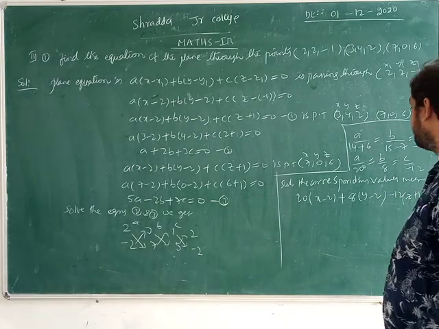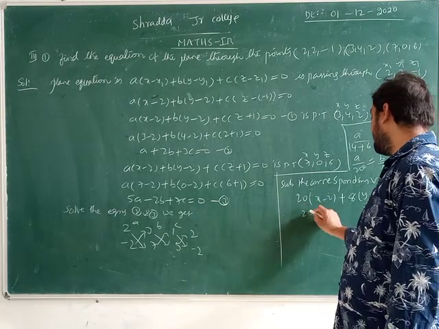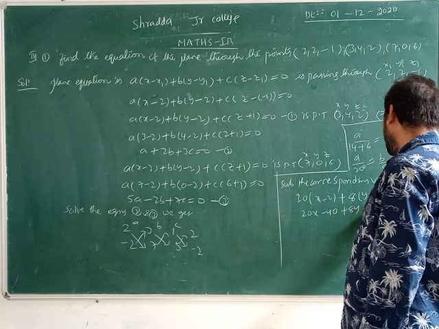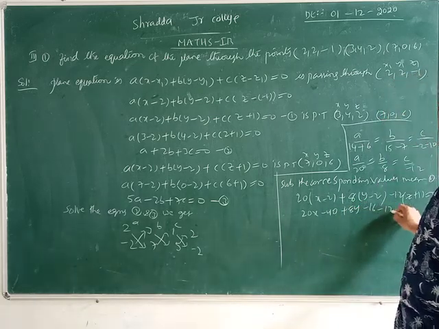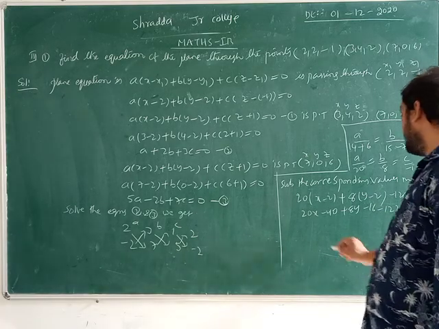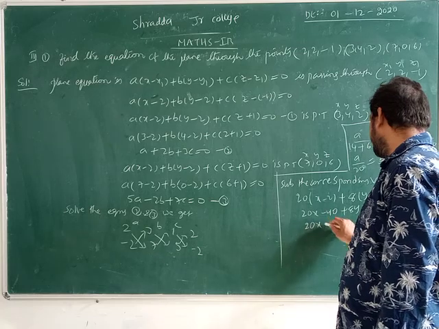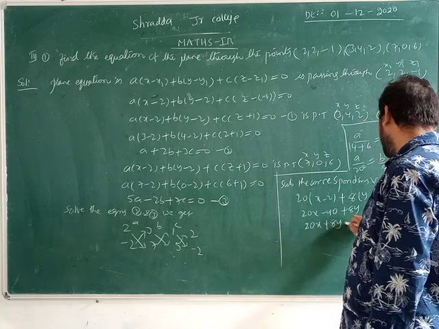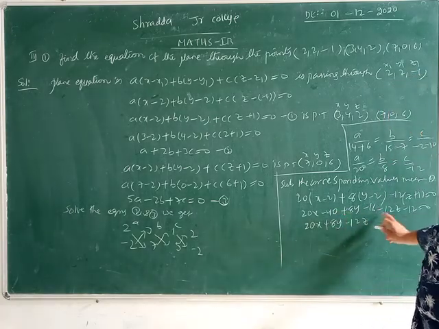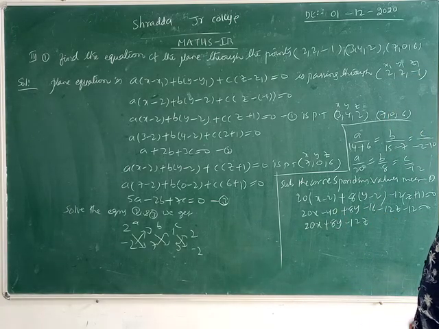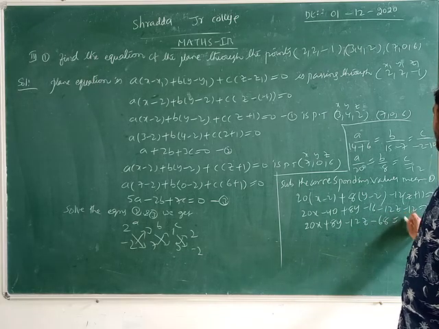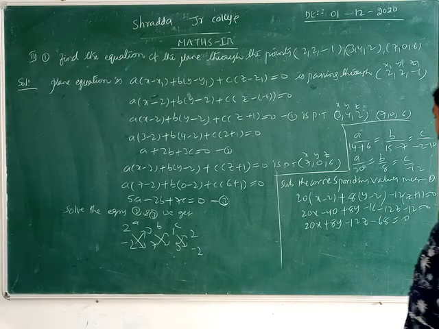Now see here, this is multiplied with 20. 20x minus 40 plus 8y minus 16 minus 12z minus 12 equals to 0. So what we are getting here, 20x plus 8y minus 12z. See now, minus 40 minus 16 minus 56 minus 12, that is minus 68 equals to 0.